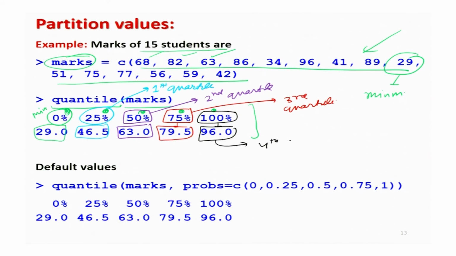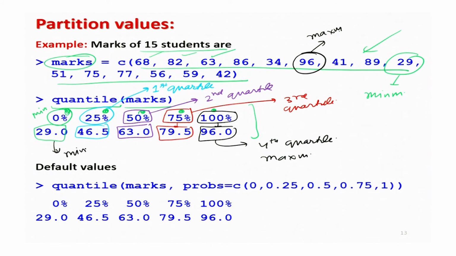If you look at the data you have considered, here is the 96, and this is also the maximum value. And the 0% is the minimum value.